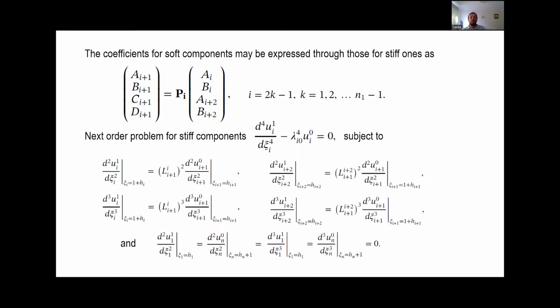And so if we substitute all we know into this equation, what do we need to do? Basically, we just need to integrate over the domain of this stiff component.